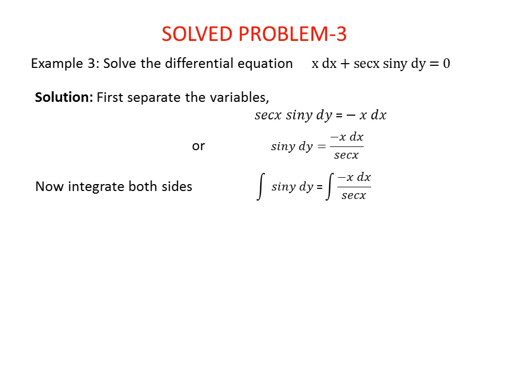Now integrate both sides. Integral sin y dy is equal to integral minus x dx upon sec x. We will follow the fundamental rule of integration, taking the negative sign outside the integral.